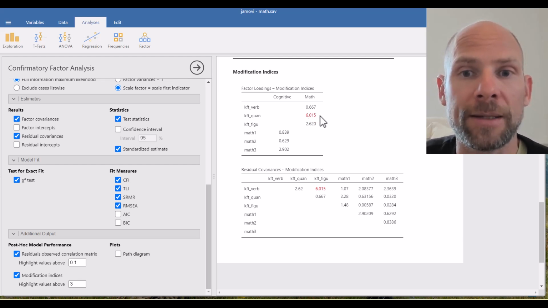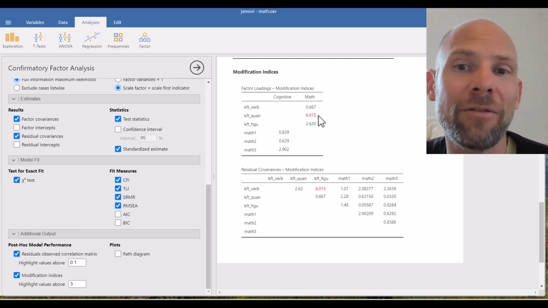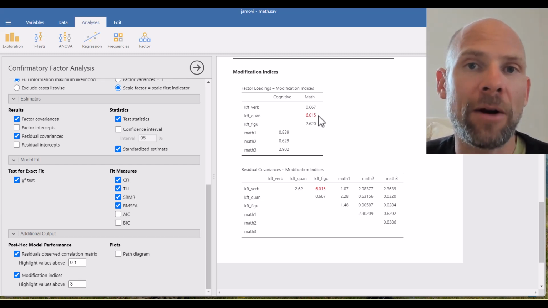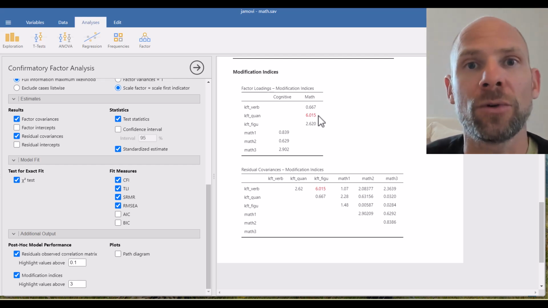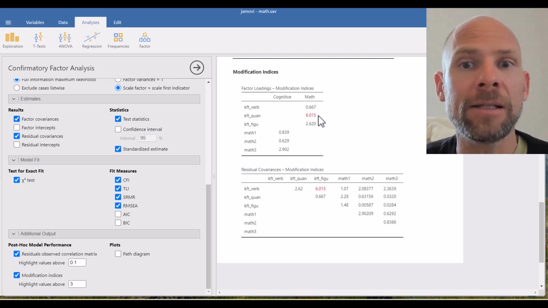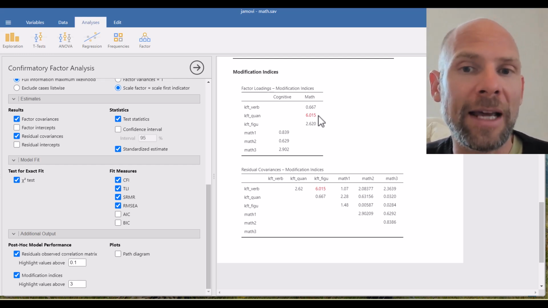There's one that is 6.015 here, and that's for the cross-loading of the quantitative scale for the cognitive ability test on the math factor. And that kind of makes sense, that the quantitative scale that has numeric content on the cognitive abilities test, that's more strongly associated with the math factor than are the other subscales. So this cross-loading kind of makes sense.